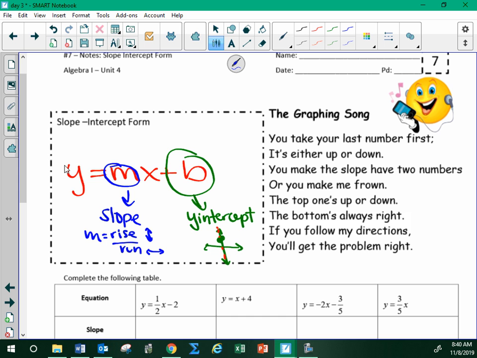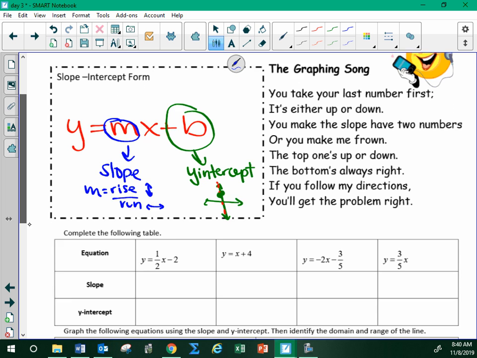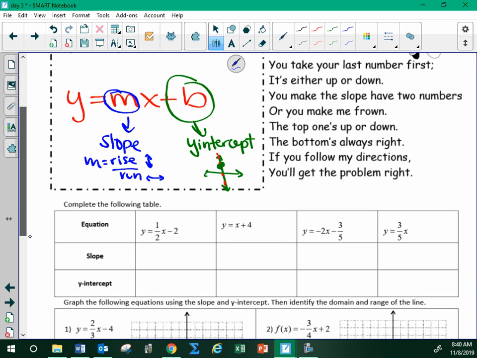We're going to plot that point. That's why it says you take your last number first. You take the y-intercept and you plot that point. And then we take a look at our slope, and from there we count however much we go up and however much we go over. So we're just plotting a point and then counting our slope from there.